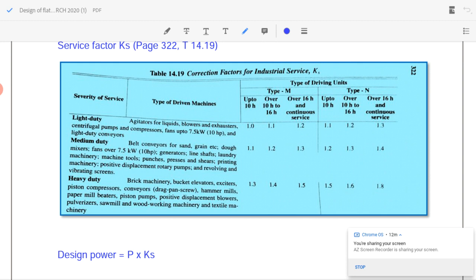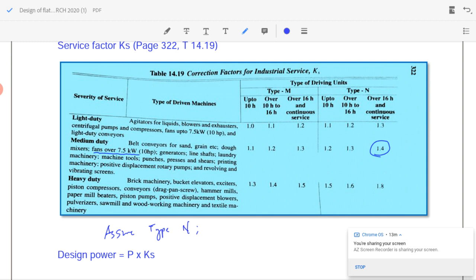I can find for fans over 7.5 kilowatts, I have the second row of values. It is given over 16 hours of service. It's not mentioned whether type M or type N, so I will select type N. So assume type N.